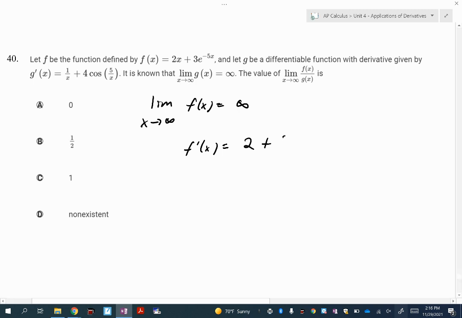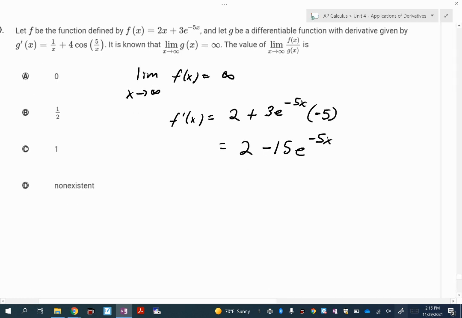Remember, our constant of 3, just leave it there. The derivative of the natural exponential function is you copy it down, and then you multiply by the derivative of what's in the exponent. In this case, the derivative of negative 5x, which is negative 5. So that's going to be 2 minus 15e to the negative 5x power. All right, so that's going to go in my numerator.